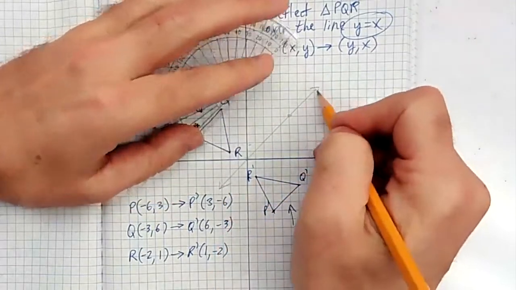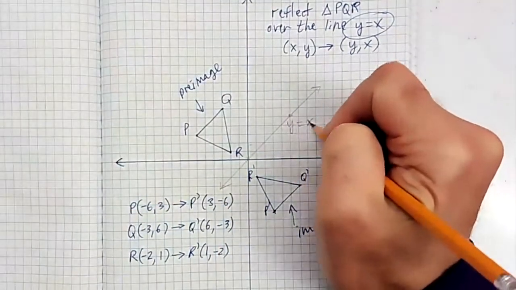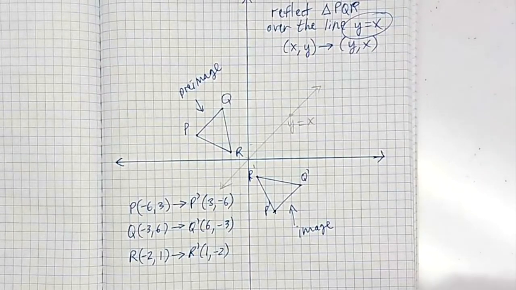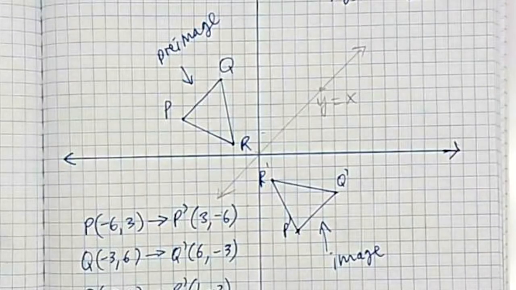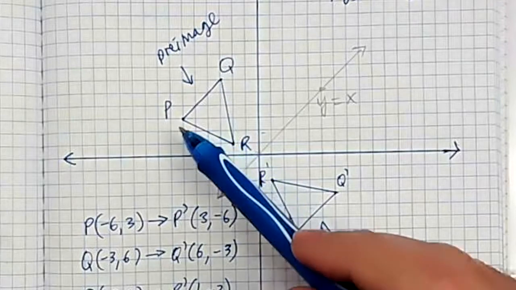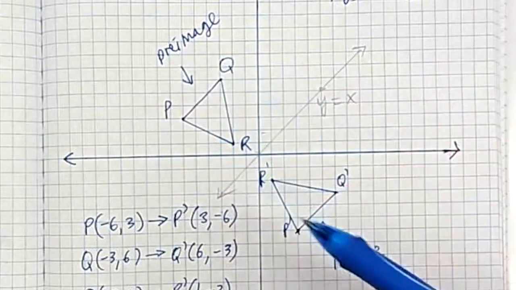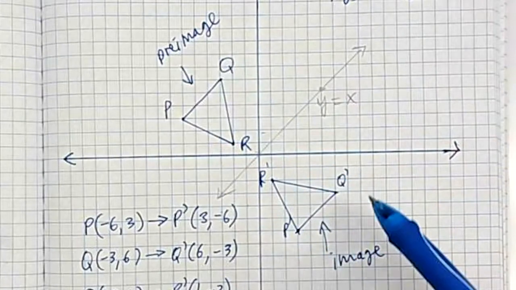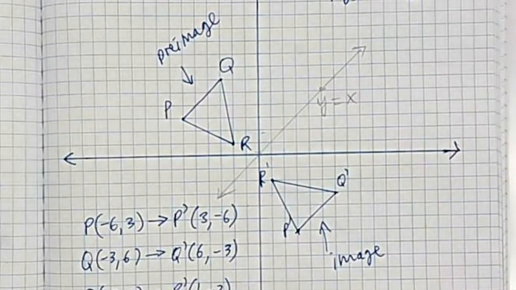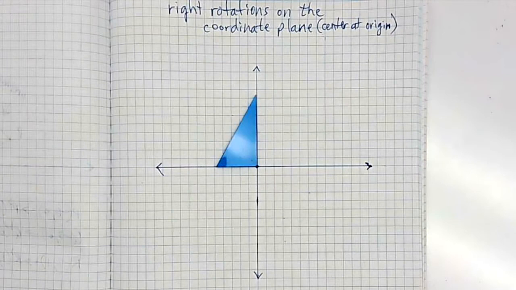And then that's my line, y equals x, also called the identity line. Though remember that the orientation on reflection changes. So PQR, I read that in a clockwise direction, but P prime, Q prime, R prime, I read in a counterclockwise direction.